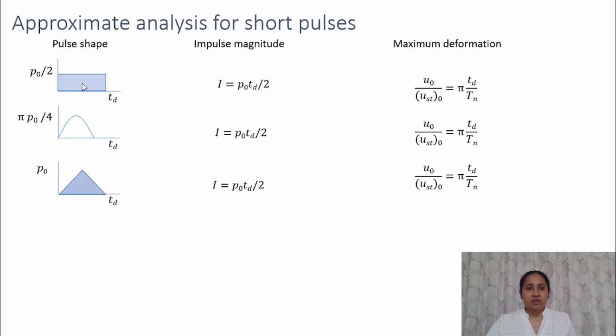The impulse magnitude of all these pulses is equal to P naught Td by 2, that is the area under these curves. So the amplitudes are different. The maximum deformation, if you calculate, would be the same because the area is the same. The impulse magnitude is the same.